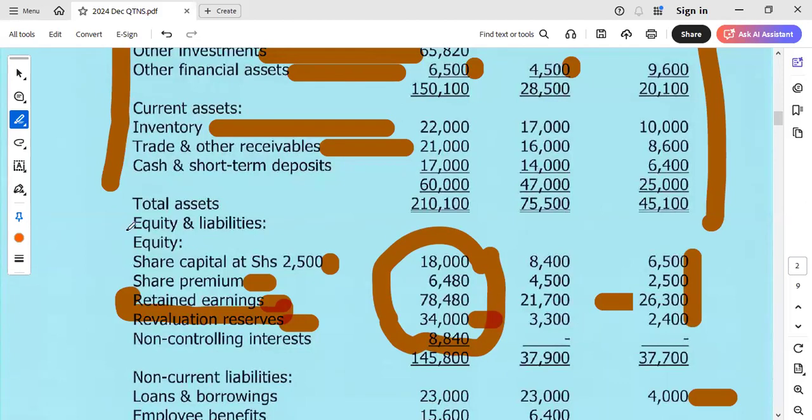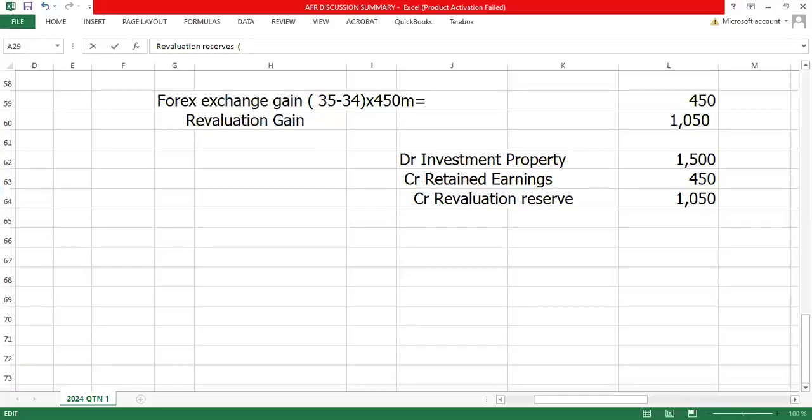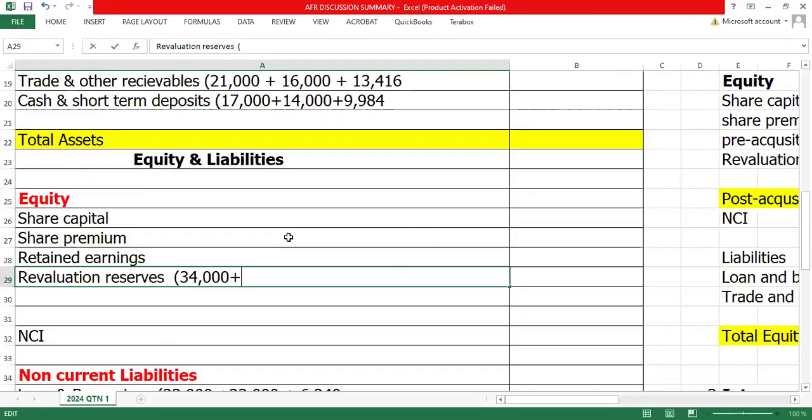Looking at items of equity as you consolidate, you don't add these; you only look at the parent. So we get the 34,000 plus this 1,050.